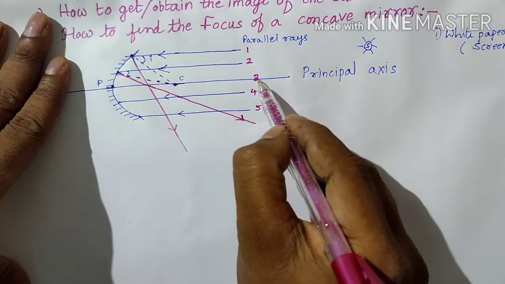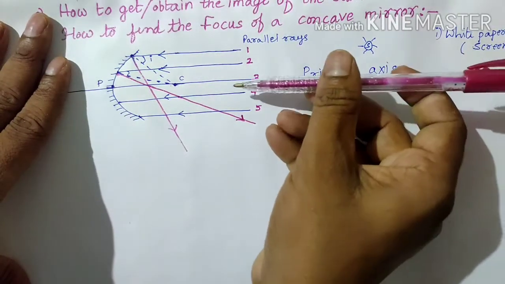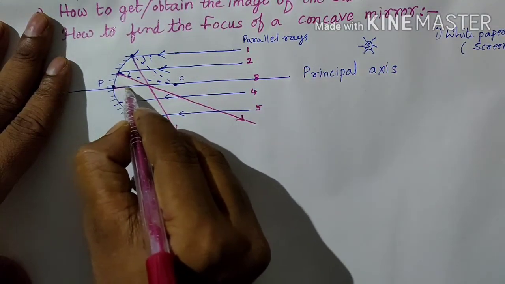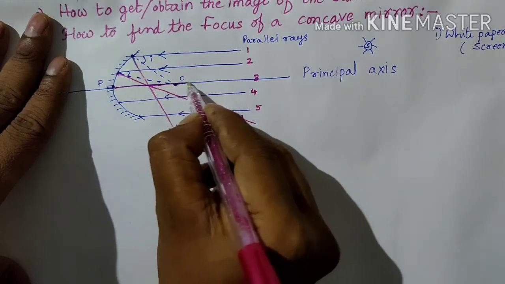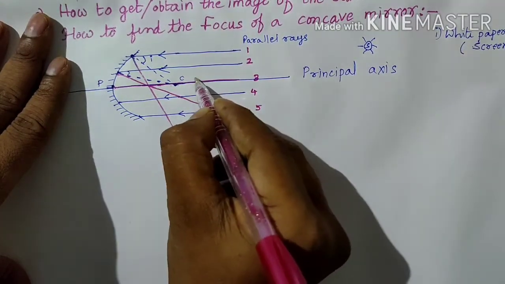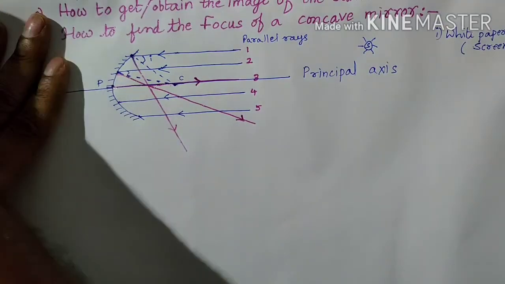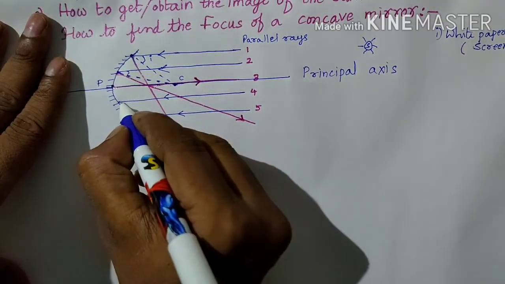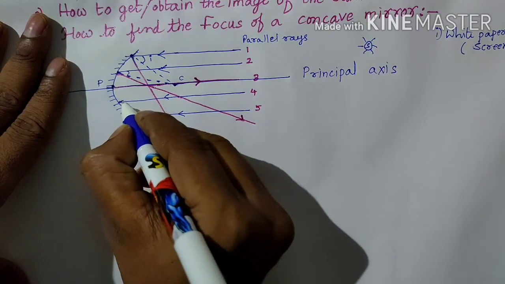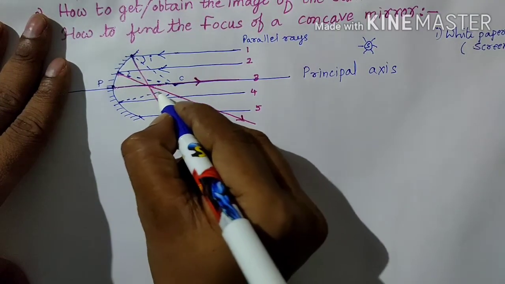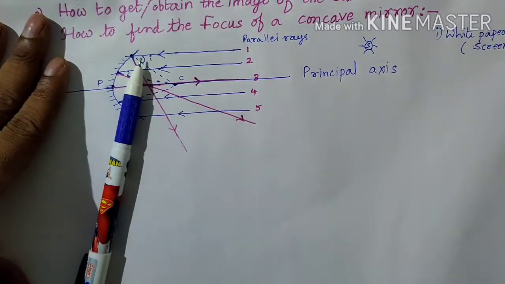Here the third parallel ray is incident normally, so it will be reflected back in the same path. And this is the fourth parallel ray. For this you have to draw the normal like this from the point of incidence to the center of curvature.